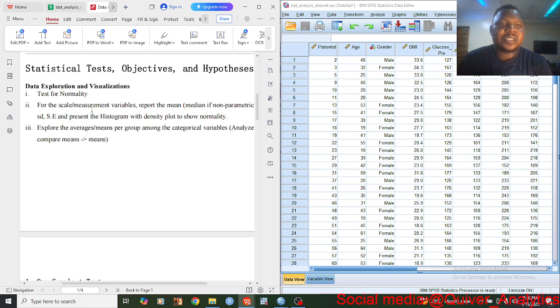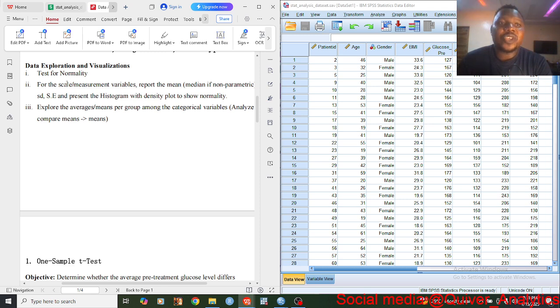Then for the scale measurement variables, you report the mean. That's for the continuous variables. You report the mean, and if non-parametric, the median. If it is still parametric, you report the standard deviation, standard error, and then a histogram. That is when you have scale measurements.